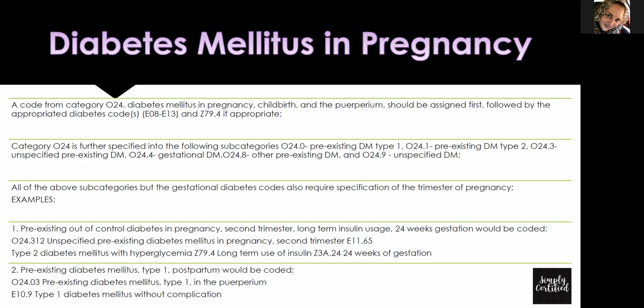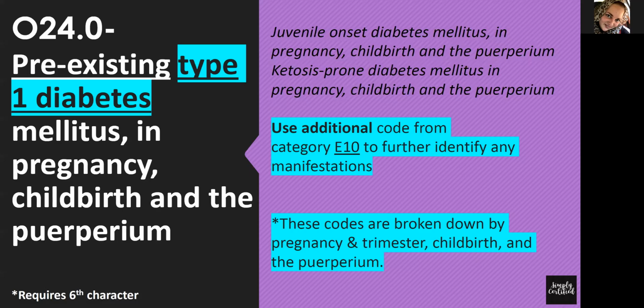And then our next code would be E10.9 for type 1 diabetes without complication. The documentation didn't specify any kind of complication, such as being out of control or hypoglycemia or anything like that. And of course, it didn't specify control either. And in this case, we would not need the trimester or the gestation because they already gave birth.